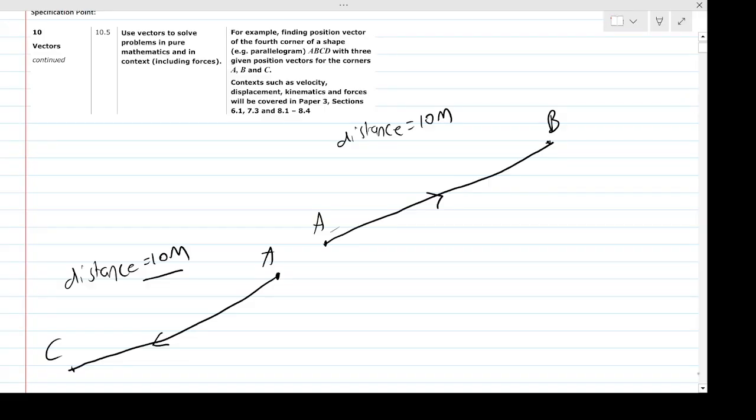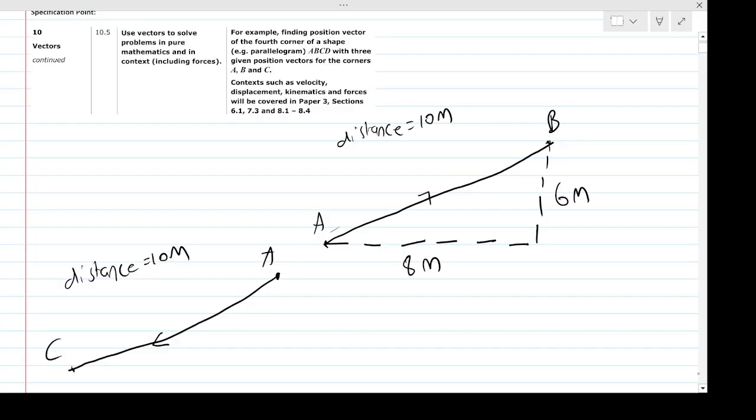Okay. This is where displacement comes in. Now, let me consider horizontally, from A to B. Let's say this distance is 8 meters, and then they went up by 6. Then we can split up this overall length horizontally and vertically.